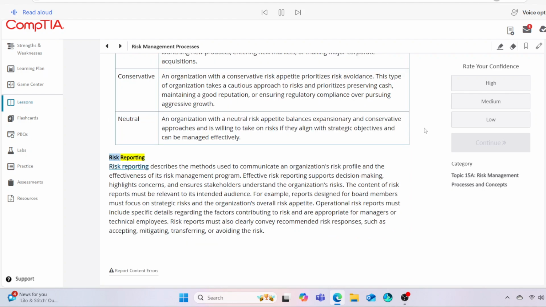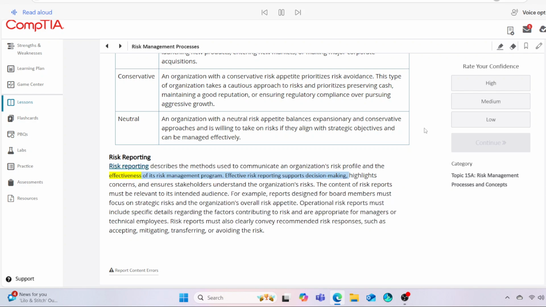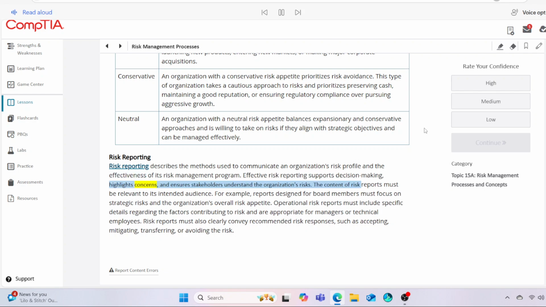Risk reporting. Risk reporting describes the methods used to communicate an organization's risk profile and the effectiveness of its risk management program. Effective risk reporting supports decision-making, highlights concerns, and ensures stakeholders understand the organization's risks. The content of risk reports must be relevant to its intended audience.